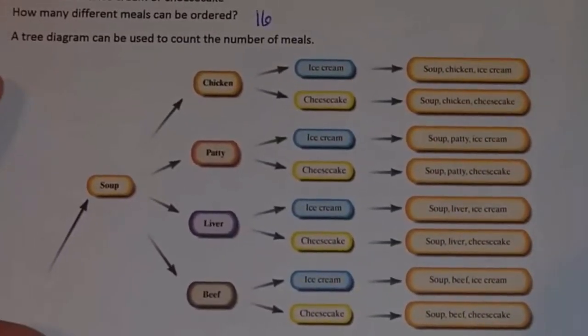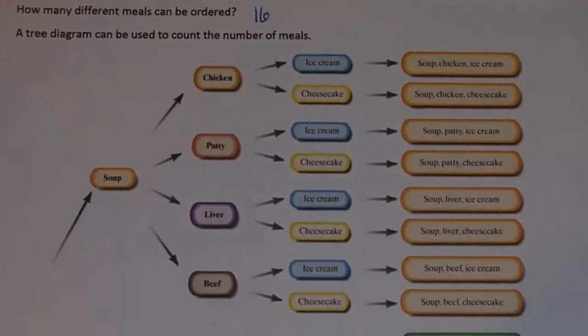Now, the trouble with the tree diagram, it works great if we have a relatively small number of possibilities. But suppose this wasn't a very limited menu like we have here. Suppose we could pick from 7 different appetizers, and suppose that we could pick from 35 different entrees, and suppose we could pick from 10 different desserts.